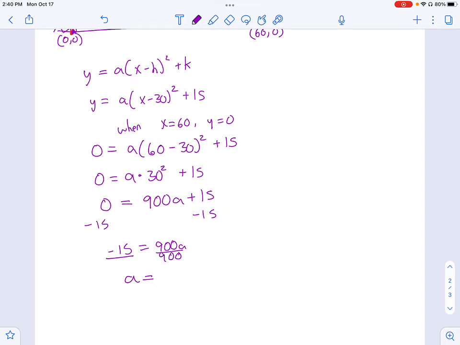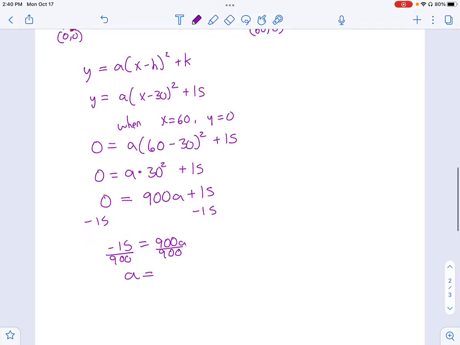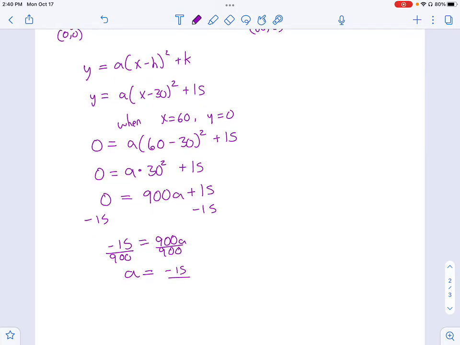That's the last step. So a is equal to negative 15 divided by 900, which, as I said, should be a very small number. And it is, yes, 0.0167.